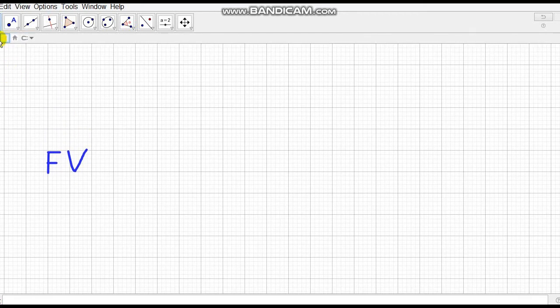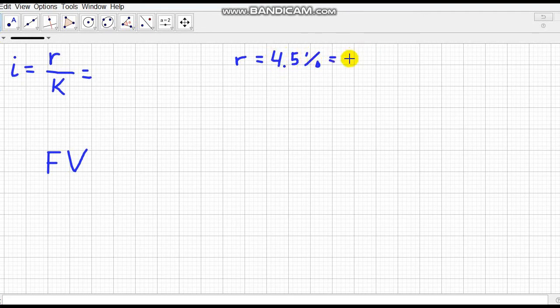Take note that we're still going to have our I and N here. So I is equal to the annual rate over the total number of compoundings per period. The annual rate R is 4.5%, which is equal to 0.045.